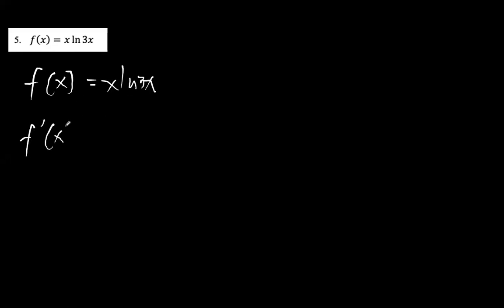And f prime of x is equal to, since the given function is a product of two functions, we can use the product rule. The product rule is, let's say y is equal to uv, y prime is equal to u v prime plus v u prime.